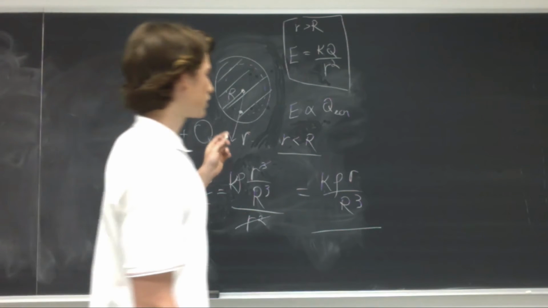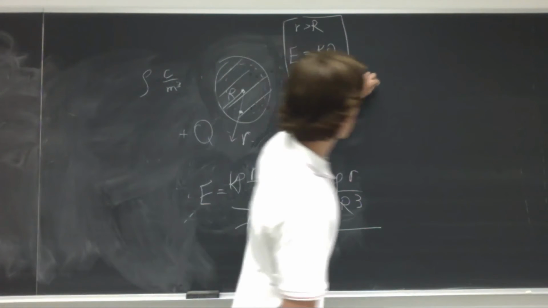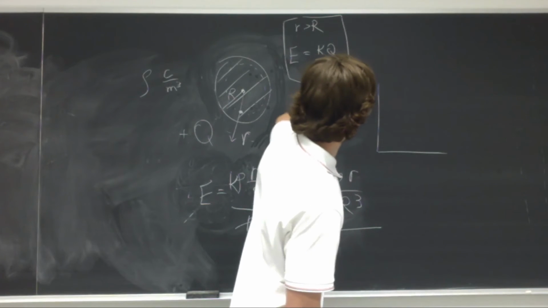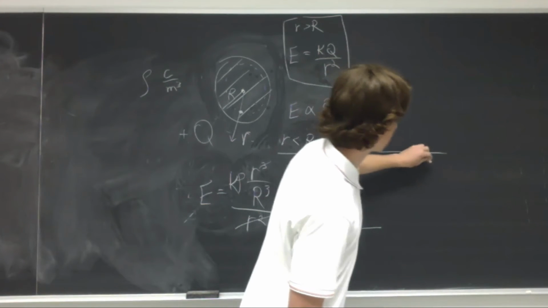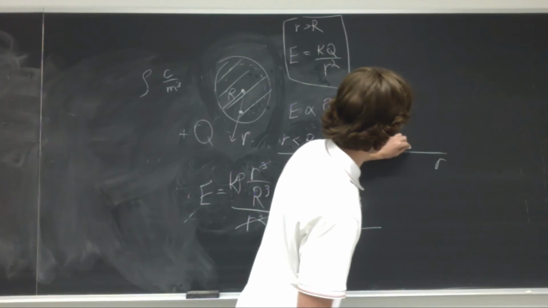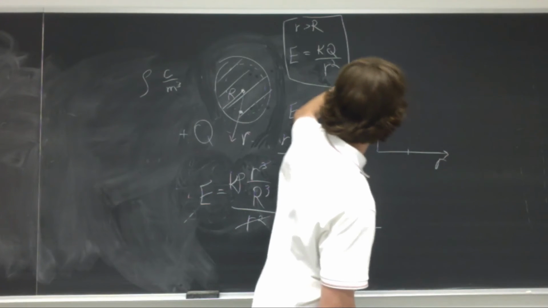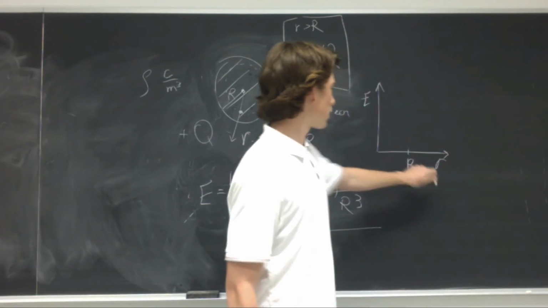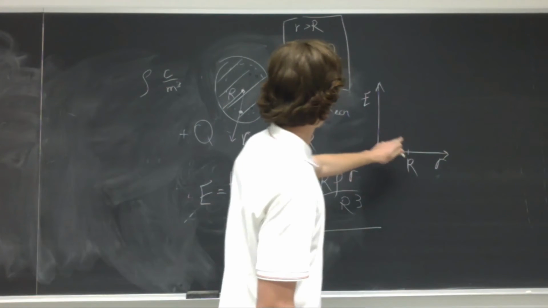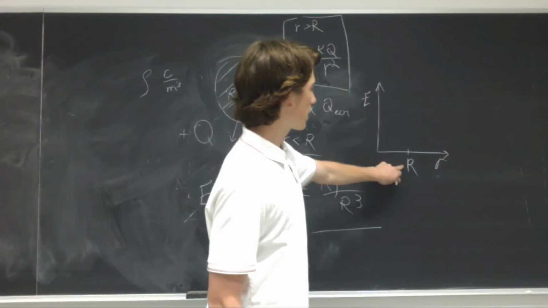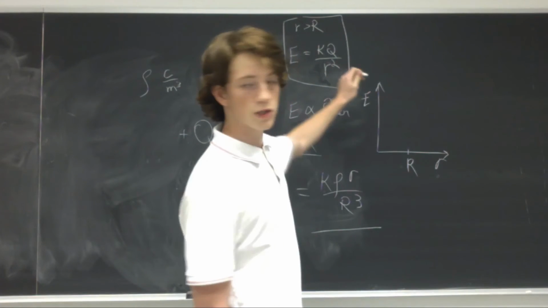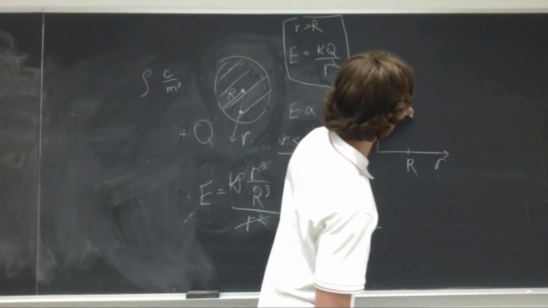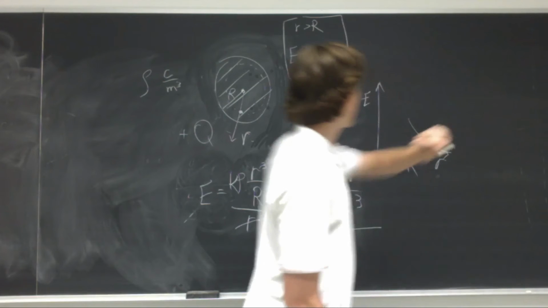Now, quickly, before we finish it, we draw a graph of this. The electric field versus r, where this is capital R. The lowercase r is greater than capital R. We have a relationship of inverse r squared, which will look something like this.